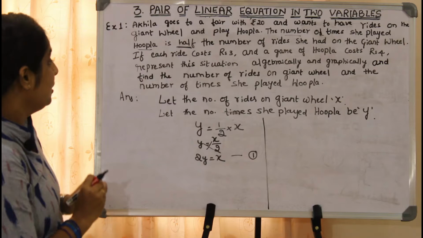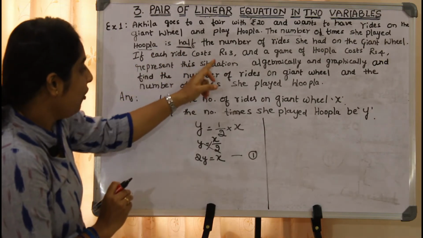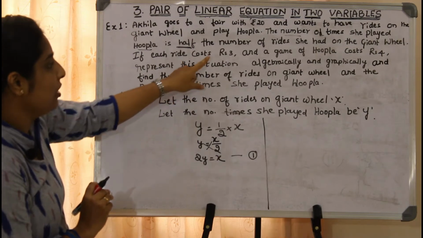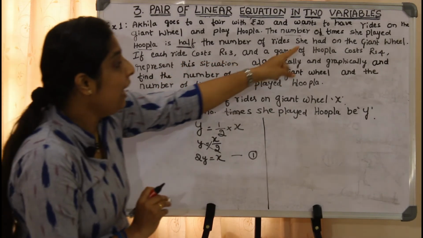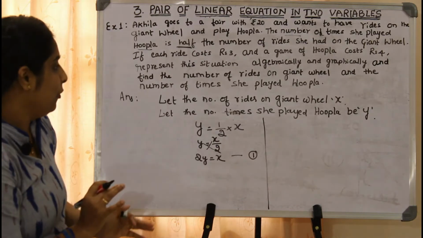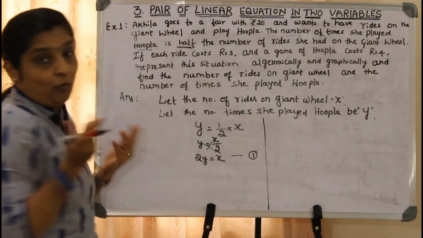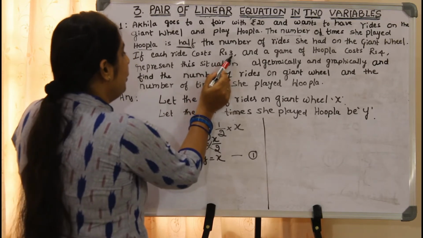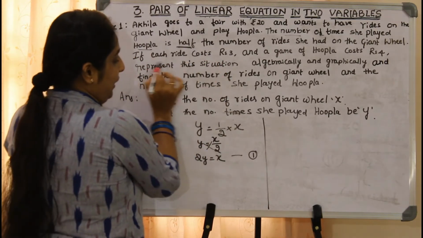Second condition is, if each ride cost was ₹3 and a game of hoopla was ₹4, together how much money she had? 20 rupees. So 3 into this one ride, what is that?